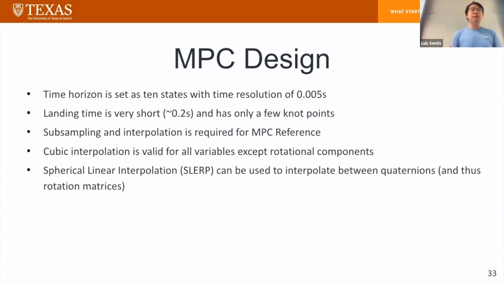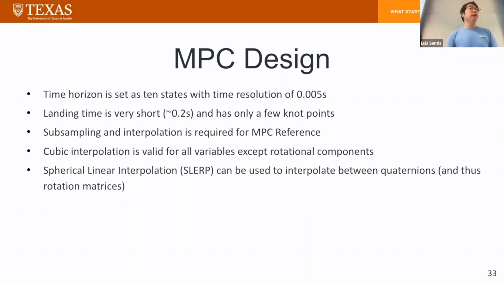We convert the rotational matrix into a quaternion, do the interpolation using slerp, and then transfer it back to a rotational matrix. The rotational matrix is needed here because it is part of the constraint formula.